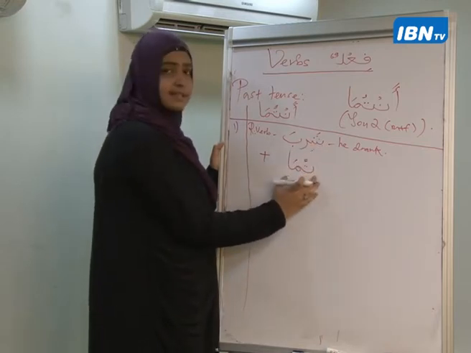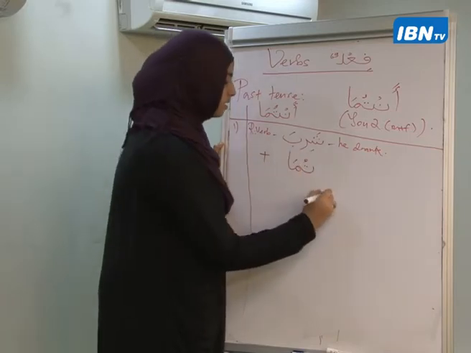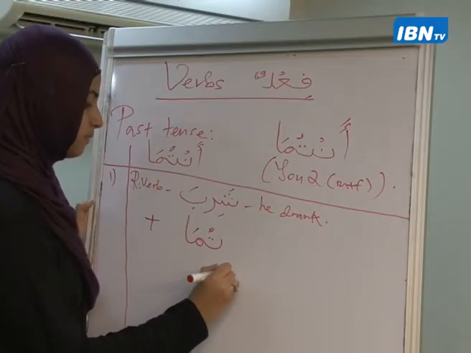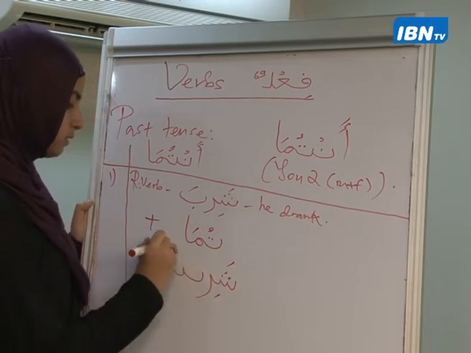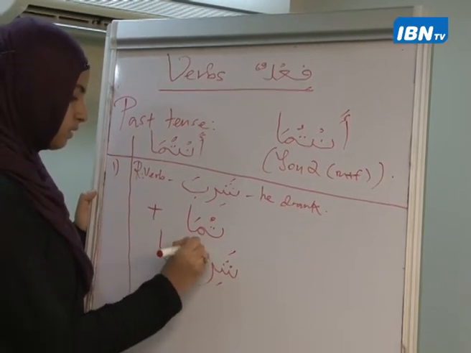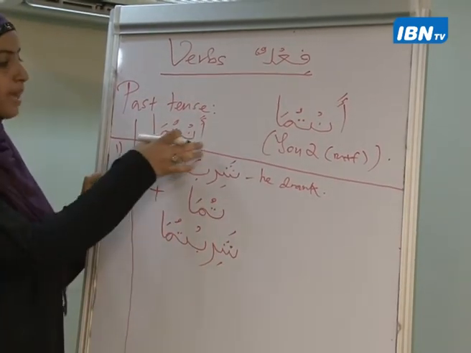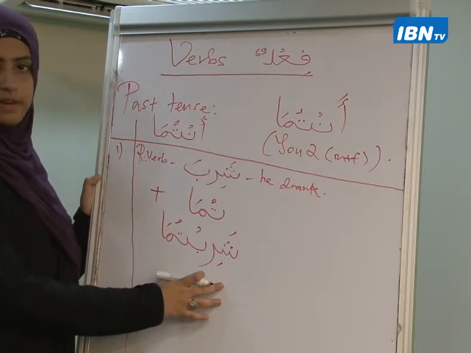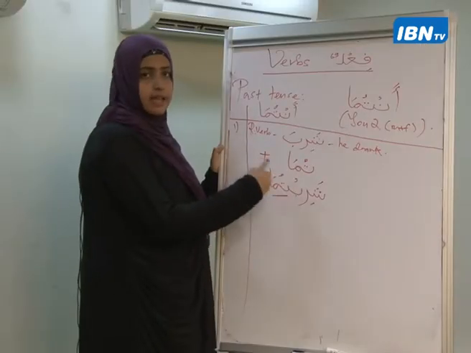So because I will add this at the end of the word, it becomes sharibtuma. There. So I can say antuma sharibtuma. So what have I done here? I have added the ta and the mim alif.